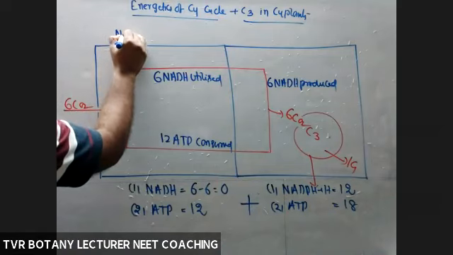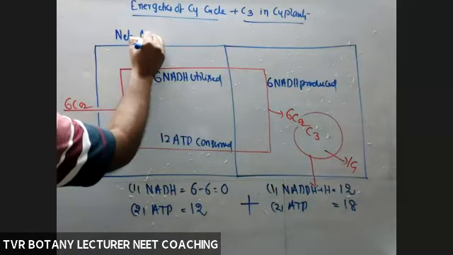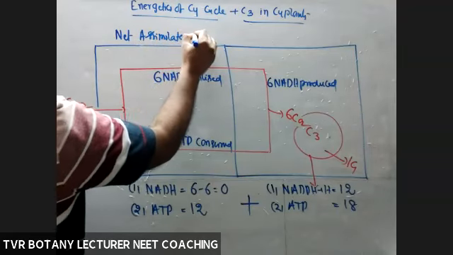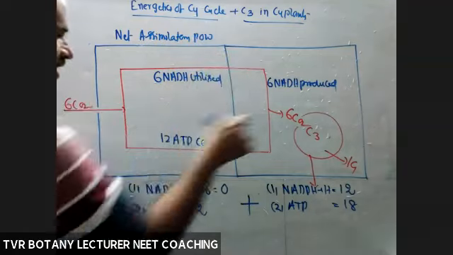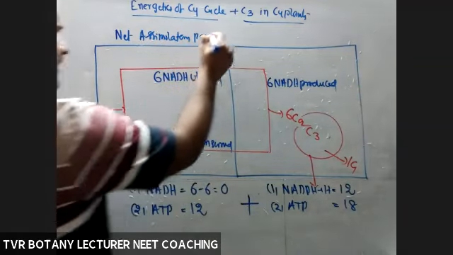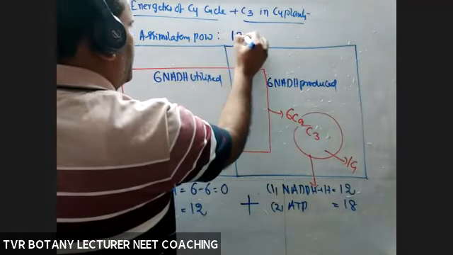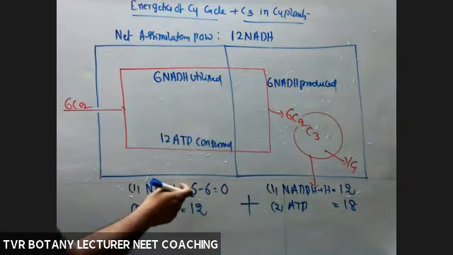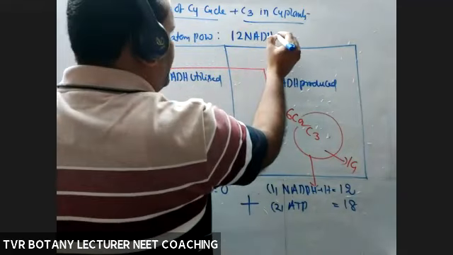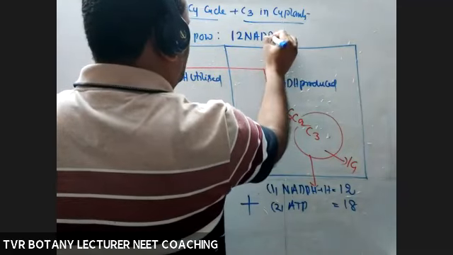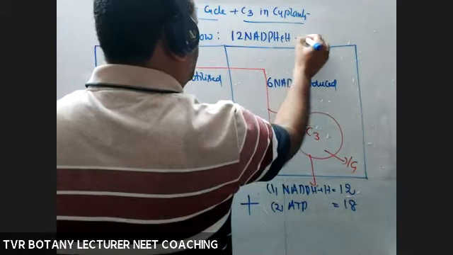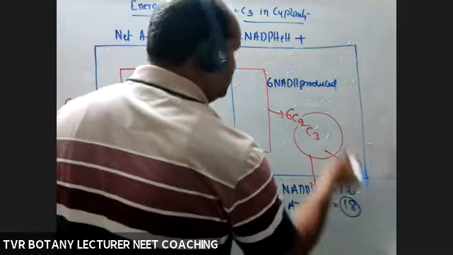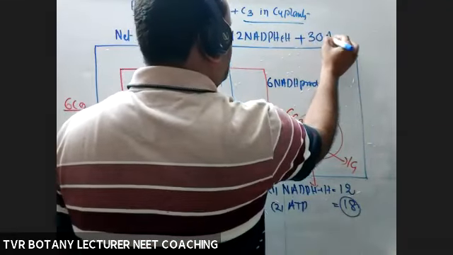Net assimilatory power required to produce one glucose molecule is 12 molecules of NADPH. Actually 18 consumed, but 6 produced. Net consumption, 12 NADPH plus H plus, and number of ATP molecules, 12 plus 18, 30 ATP molecules.